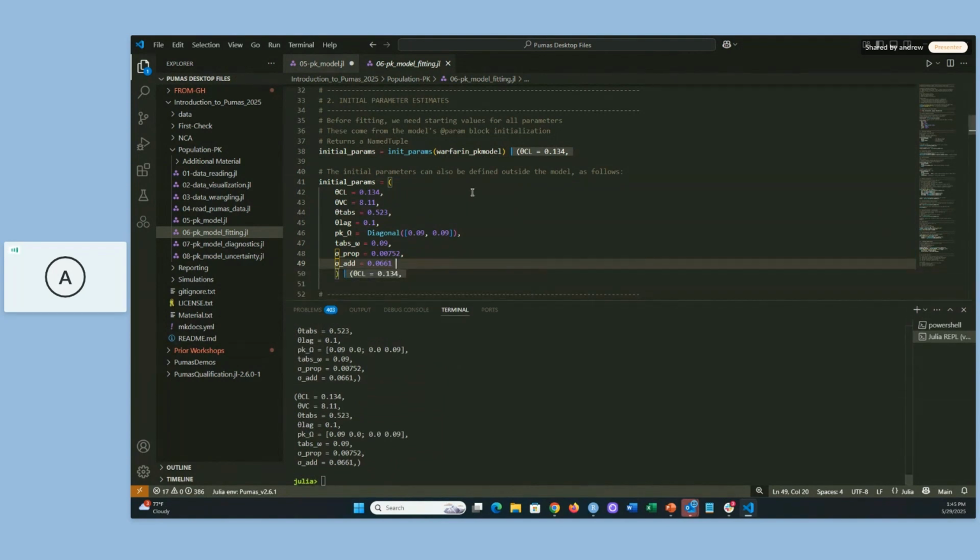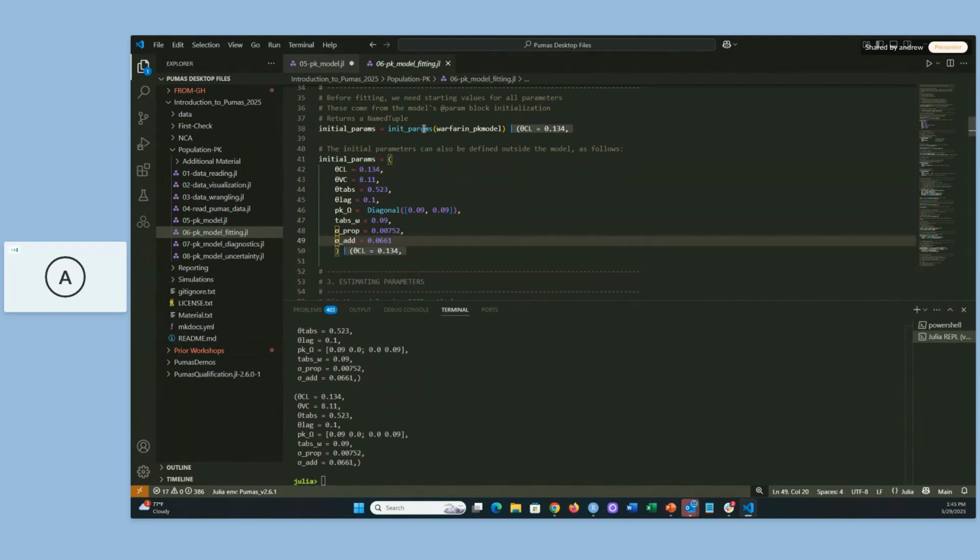The benefit of using something like init params and ultimately this style of notation is, as you are doing stepwise model building, we will test the structure type, 1, 2, 3 compartments first, and we'll take the initial effects there. We can then pipe in the coefficient estimates from that particular model directly into our next iteration. We don't have to manually type out the numbers each and every time. Again, typographical errors, human beings, we're flawed.